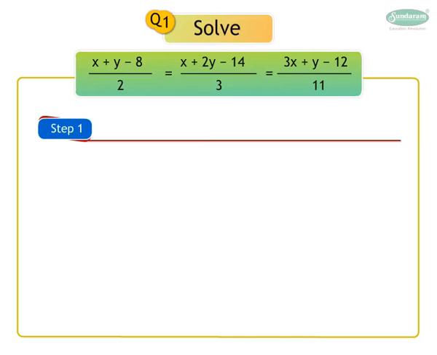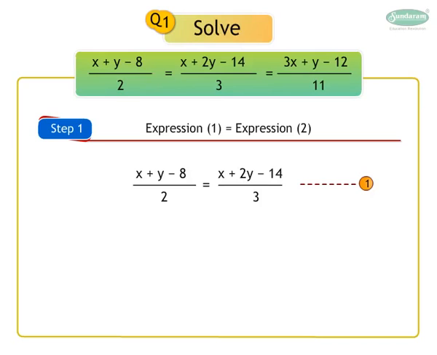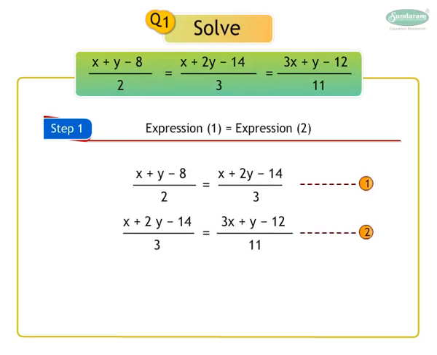Hence, we first write these expressions so that we get two simultaneous equations. We write expression 1 is equal to expression 2. This is our first equation. We write expression 2 is equal to expression 3 to get the second equation.